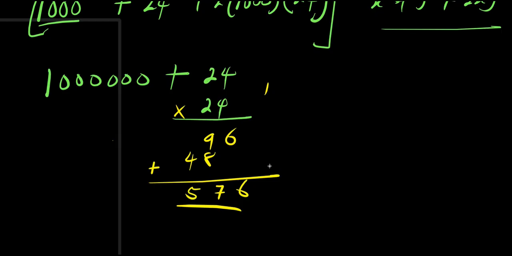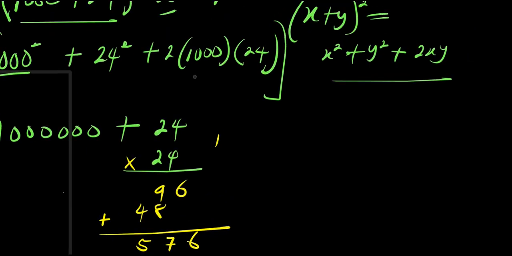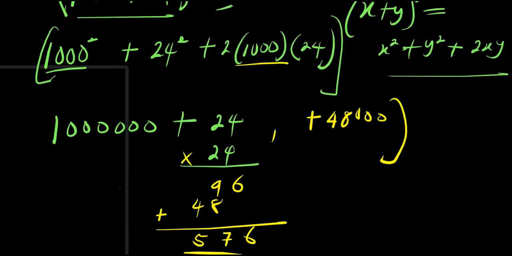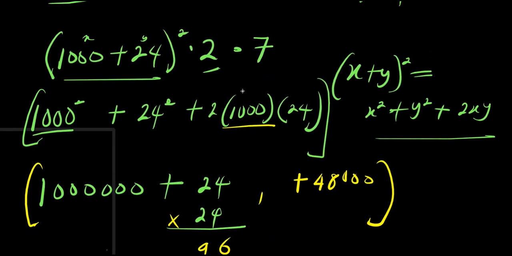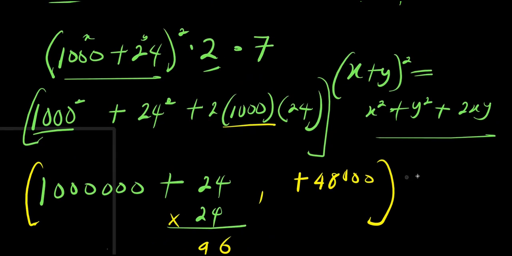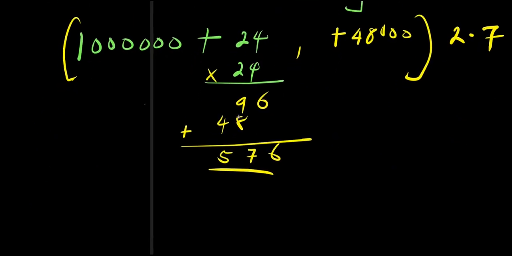Then 2 times 1,000, 2,000 times 24. This is 48,000. And everything here, we are going to add them up and multiply by 2 times 7. This is 2 times 7, right? And 2 times 7 is 14.